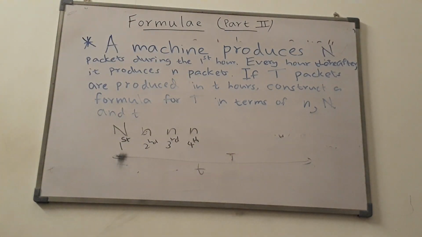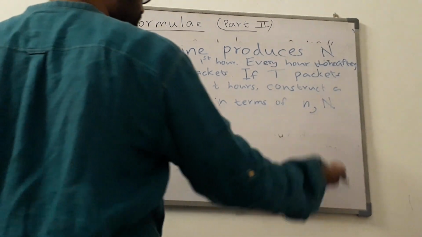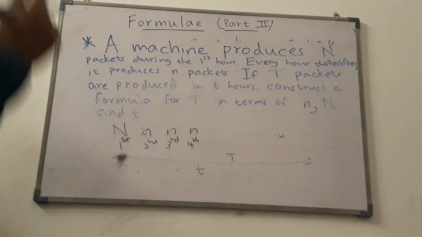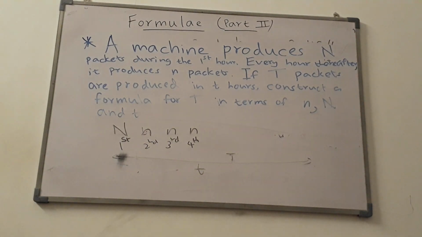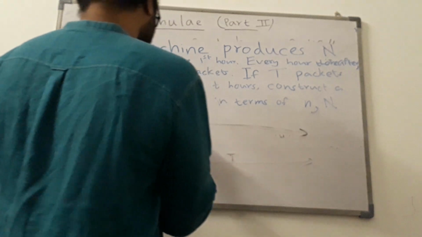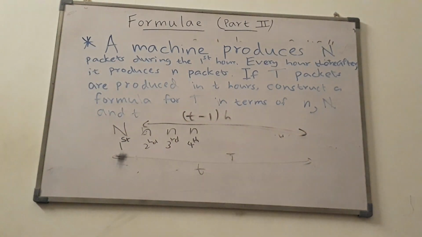From the first hour to t hours, the remaining amount is t minus 1 hours.